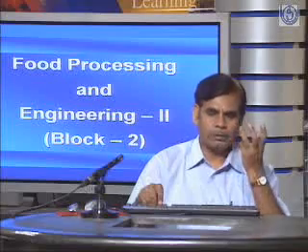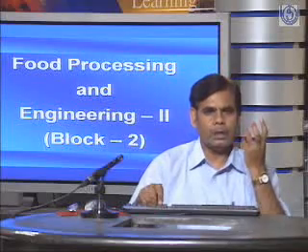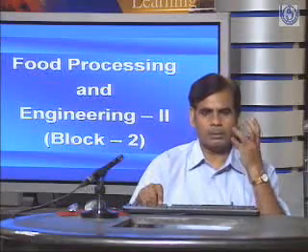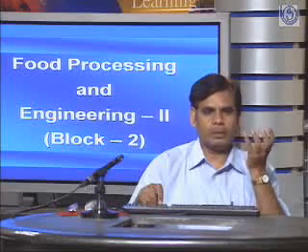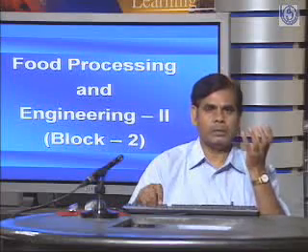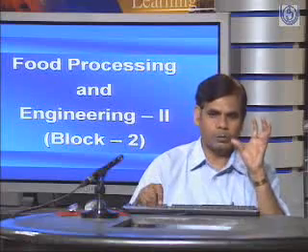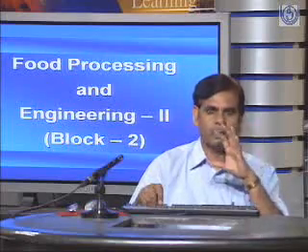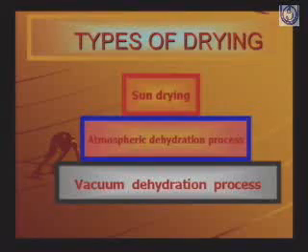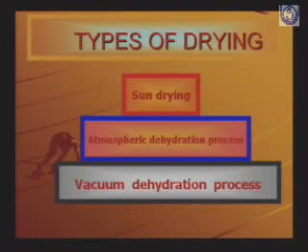Here, mechanical dehydration, the artificial heat and controlled conditions like temperature are provided. And vacuum dehydration is done with the help of vacuum, where the temperature is controlled by regulating the heat input and heat intensity, and regulating the vacuum intensity.